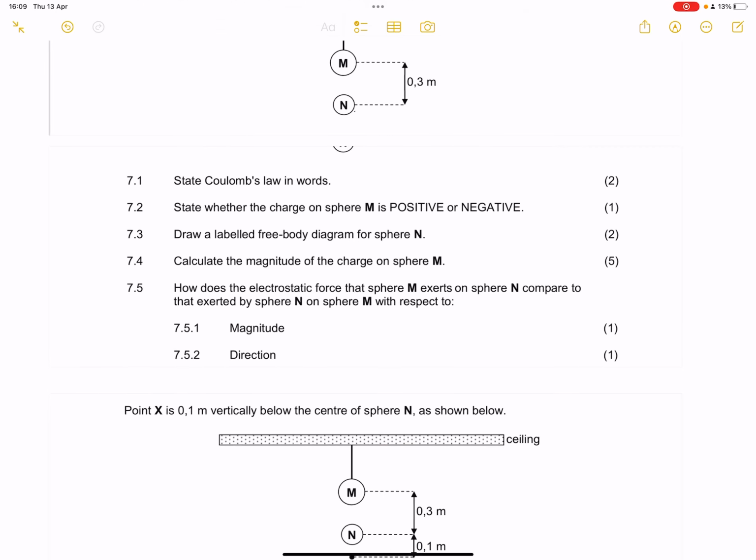Right, now 7.5. They're asking us how the electrostatic force that sphere M exerts on N compares to that exerted by sphere N on M with respect to magnitude.